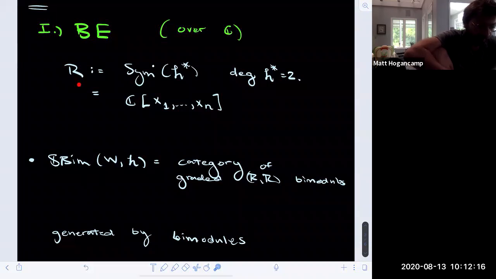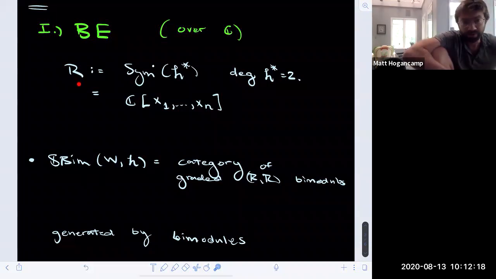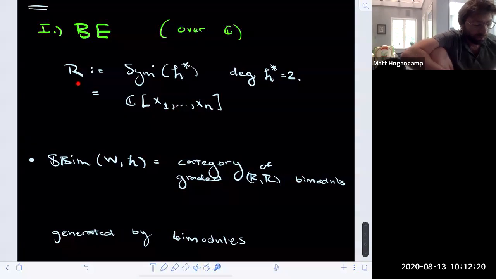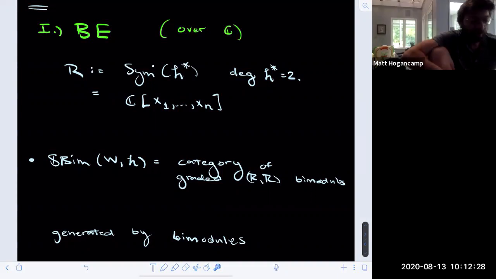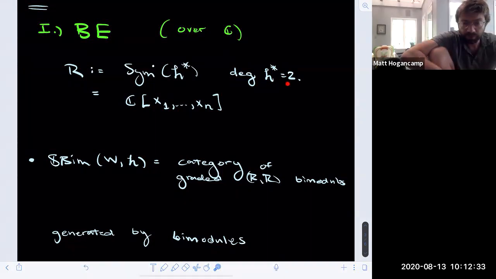In other words, this is the ring of polynomial functions on H. So after choosing a basis of H dual, we can write R as the polynomial ring in these generators. And we'll regard this as a graded ring by declaring that every linear polynomial lives in degree 2.